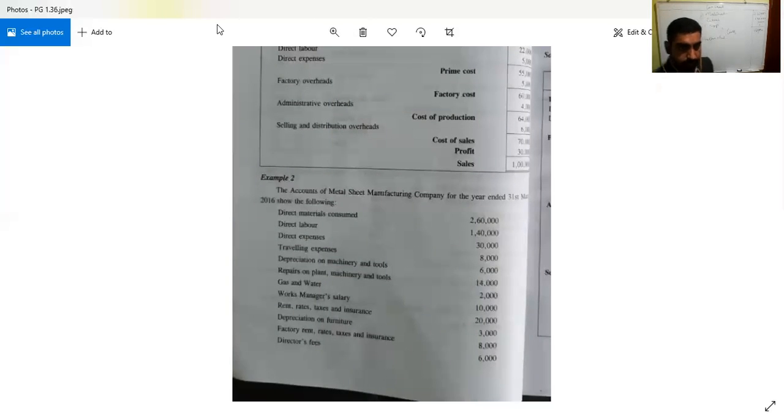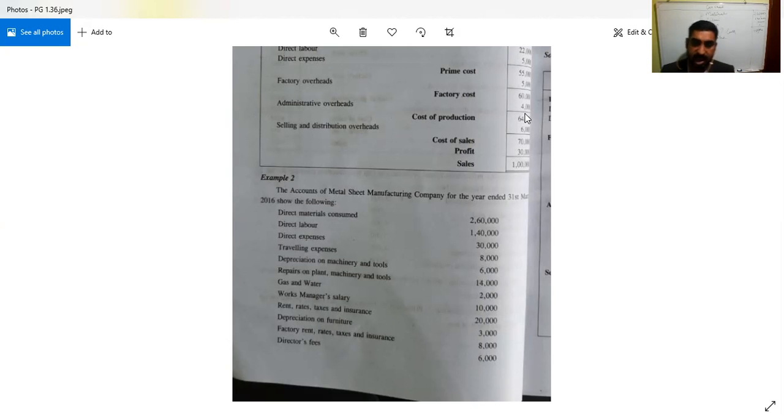Depreciation on machinery and tools, repairs on plant machinery and tools, gas and water, work manager's salary, rent, rates, taxes and insurance, depreciation on furniture, factory rent, rates, taxes and insurance, director's fees. These are the items to be there, and we need to add the factory expenses.